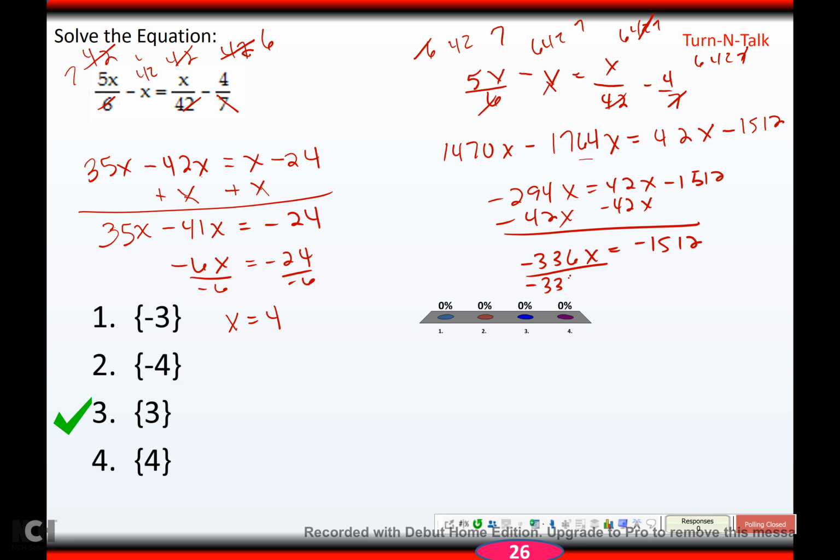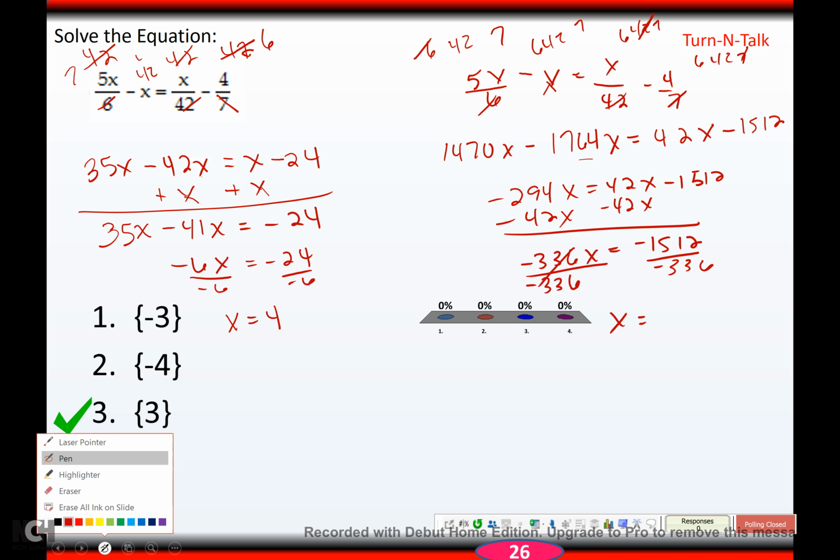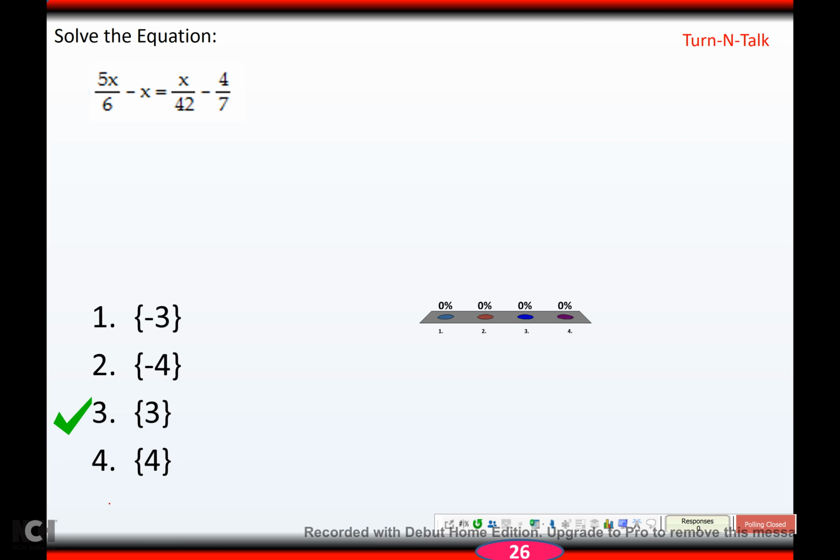Divide by negative 336, and I get x equals negative 1512 divided by negative 336. Oh, for crying out loud, now I got 4.5. Oh my goodness. Alright, let's start over and be really careful.